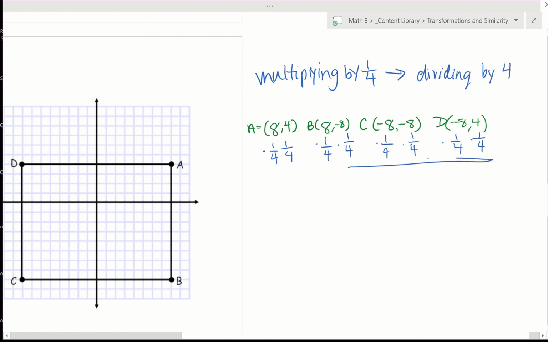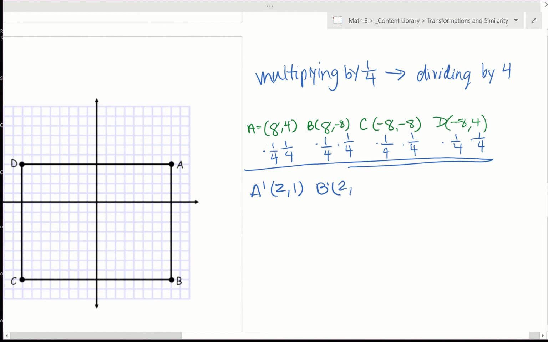Okay, so at the end, what we're going to get, our A prime becomes 8 times a fourth, which is the same as saying 8 divided by 4, which is 2. 4 divided by 4 is 1. Our B prime, well, multiplying by a fourth is the same as dividing by 4. So 8 times a fourth is 8 divided by 4, which is 2.